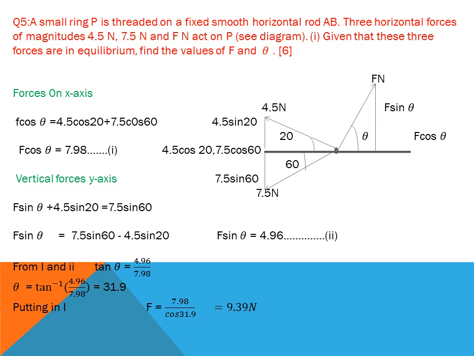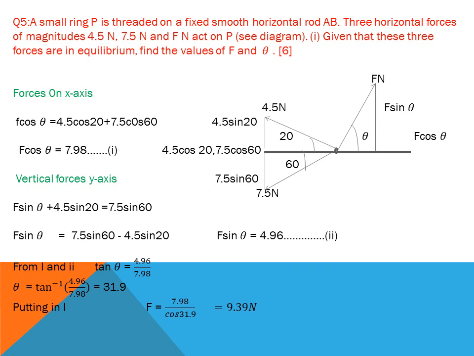First, I have drawn all the component forces of these three main forces. The component forces of F Newton force are: the horizontal component is F cos theta and the vertical component is F sin theta. In this way, the horizontal component of 4.5 is 4.5 cos 20 and the vertical component is 4.5 sin 20.